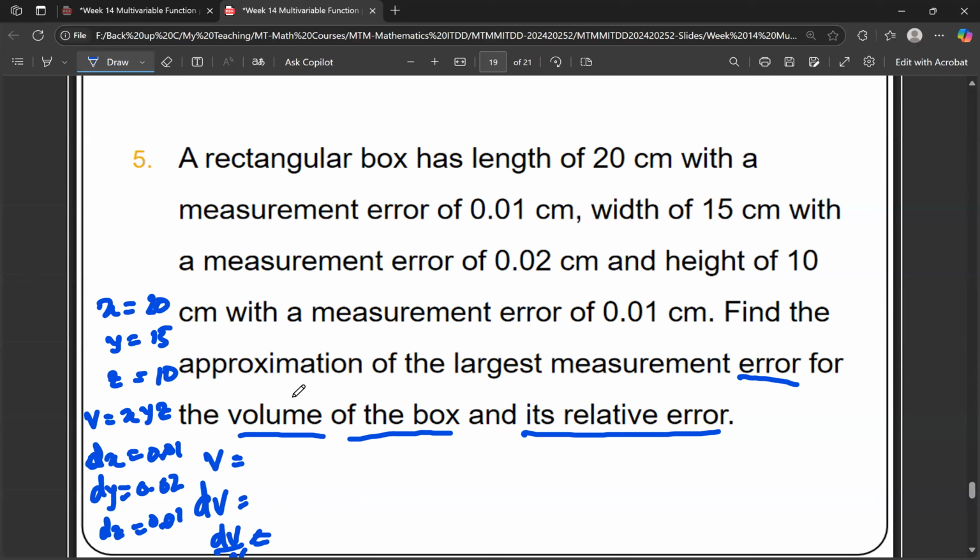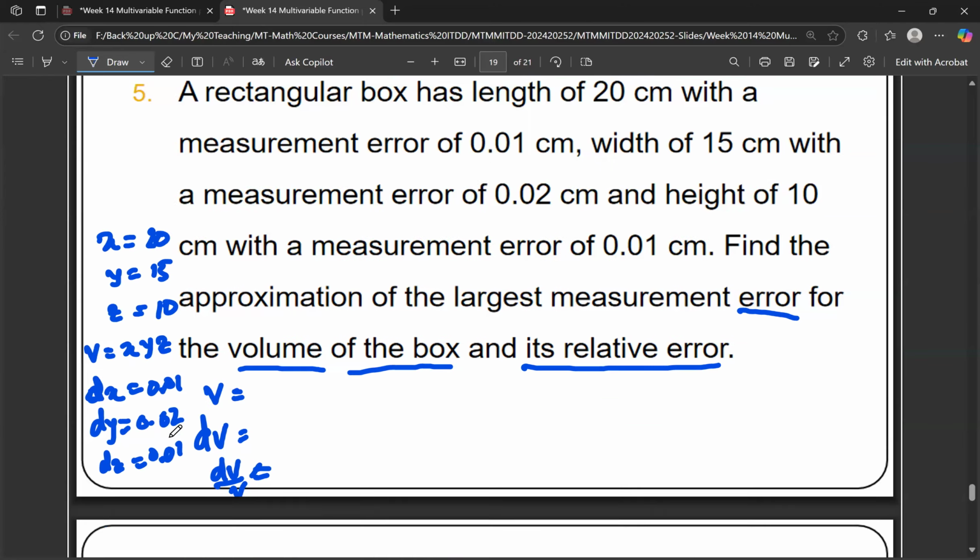You must remember that dV is the partial V partial x dx plus partial V partial y dy plus partial V partial z dz. So please find dV and the relative error.